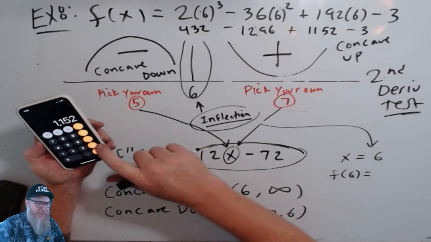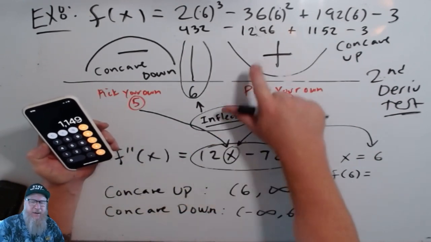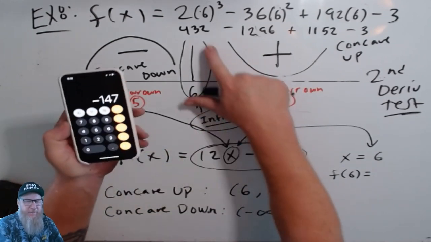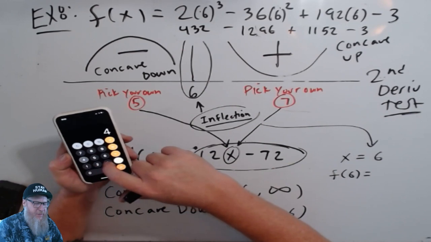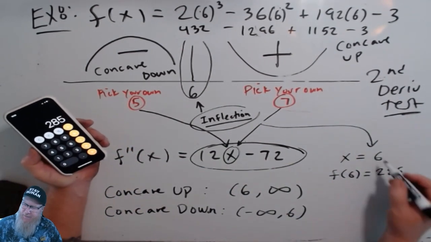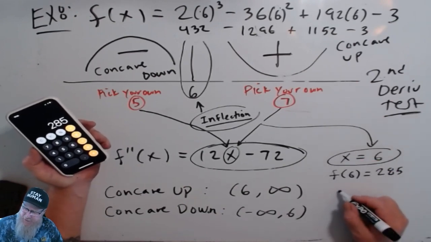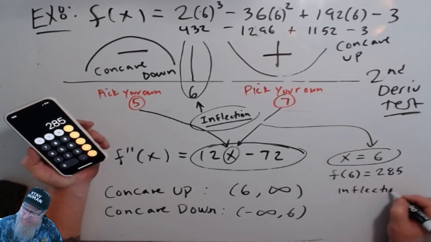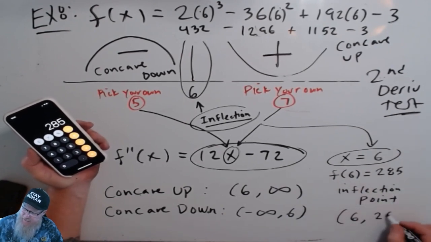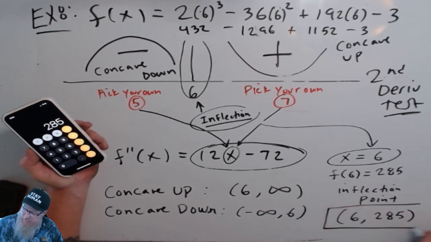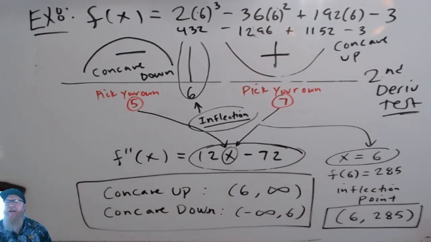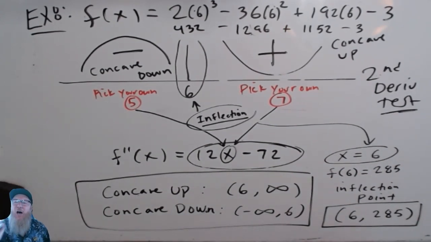So 1152 minus 3, then minus 1296, and then plus 432, 285. So this is my inflection point, as an ordered pair: 6 and 285. So that's an actual dot on the graph.